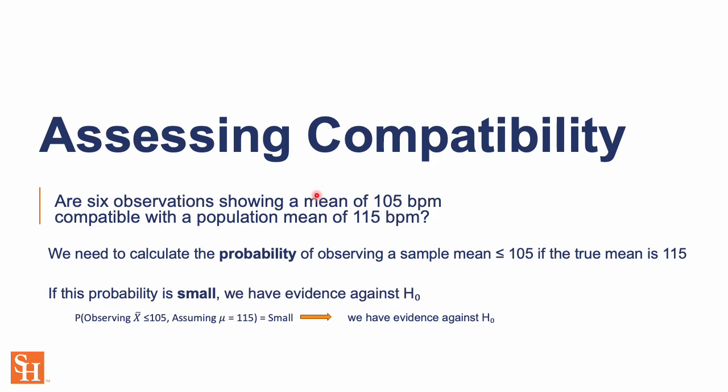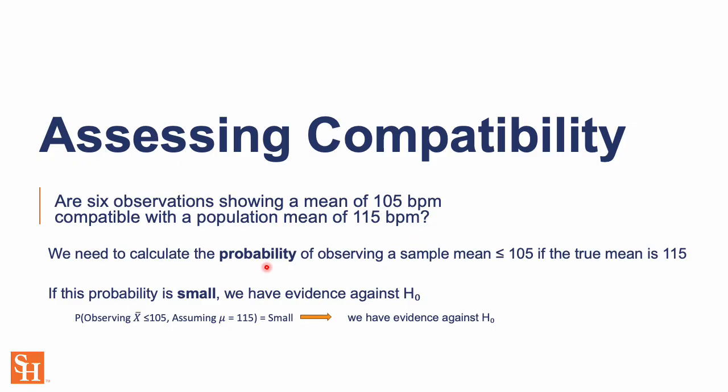We want to test how compatible our sample result is when the true population parameter value is 115, right? What is the chance that we can still get a sample with sample mean 105 if the true population parameter value is 115, right? So how will we do that?